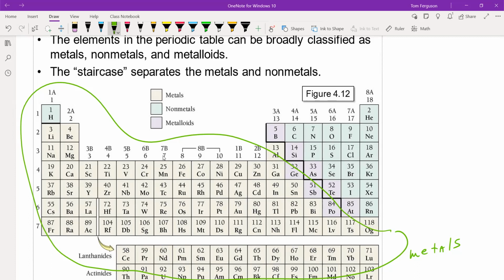A nonmetal. And in between the metals and nonmetals are metalloids. Now the metalloids are kind of cool.